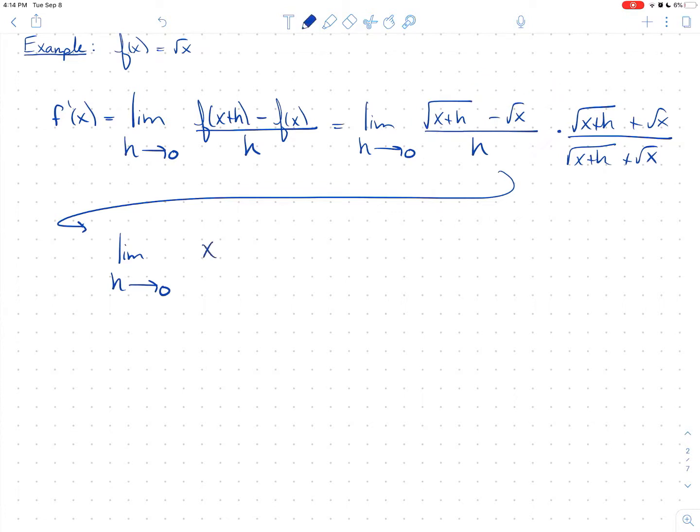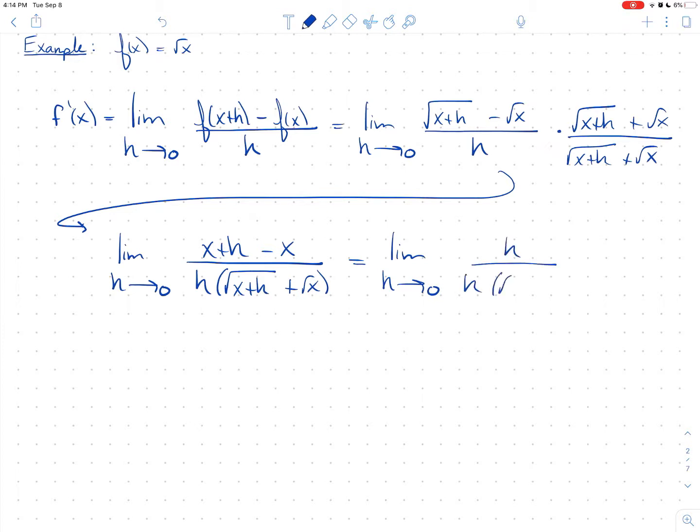So I'm just going to get x plus h minus x upstairs, and hopefully you see that's really good news for us, over h times square root of x plus h plus square root of x. And so we can cancel the x's, and we get the limit as h goes to 0 of h over h square root of x plus h plus root x.